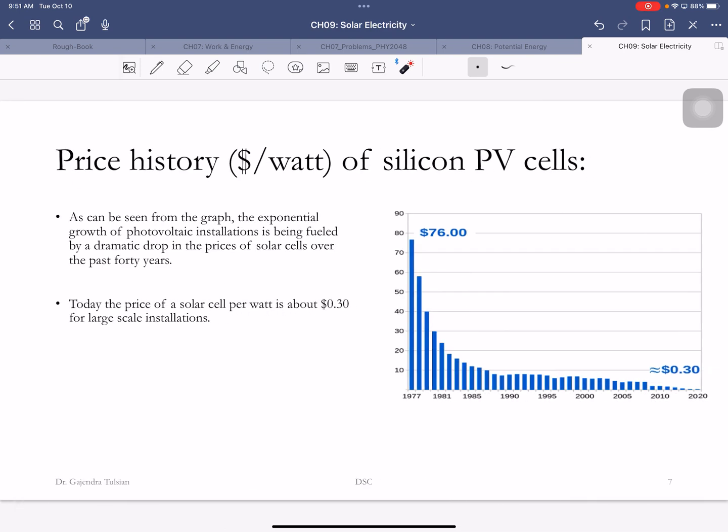So what is driving this? Of course, price. Okay. Back in the late 70s and early 80s, each watt cost about $100. So this was the cost per watt for a solar panel. A solar panel to produce 1 watt of electricity cost you $100. Okay.